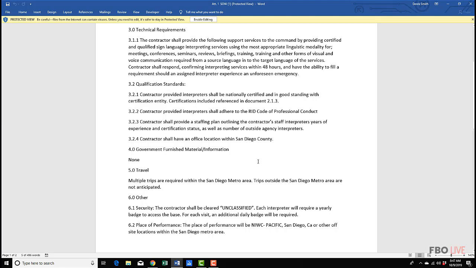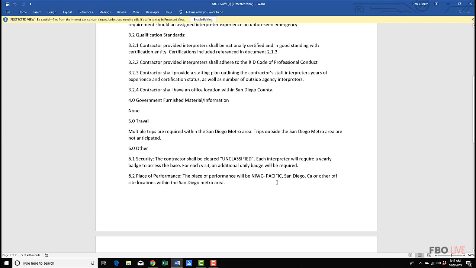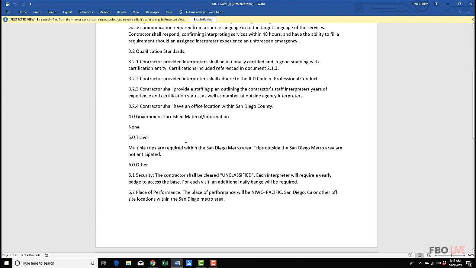They're basically going to want to see your staffing plan, your certifications, your company information, and your pricing. And probably that's about it. So as long as your certs are in good standing, and your business address, they want to see that. You have all that. Probably whatever the most competitive price is going to be the awarded bidder.